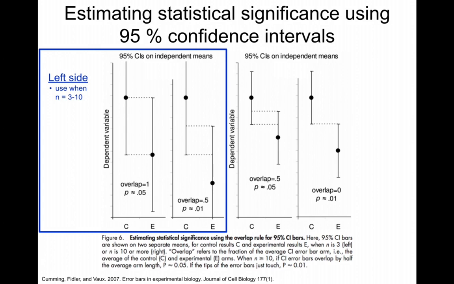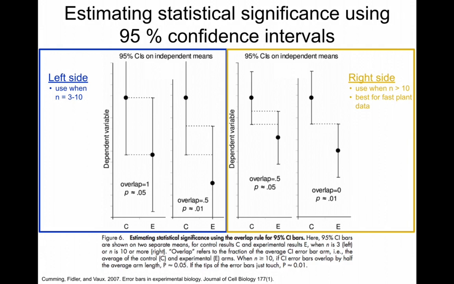So n is less than or equal to 10 in this situation. The right side of this figure is for when n is greater than 10. And this is going to be great for your fast plant data, since the data sets that we're using all have more than 10 plants in the control group and in the experimental treatment group.